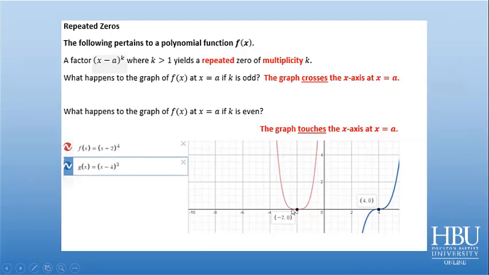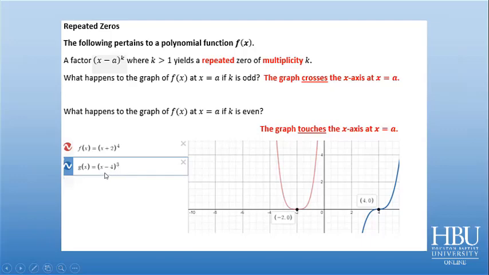The red graph is the graph of this function, and you can see that it is just touching the x-axis at negative 2. The graph remains on the same side of the x-axis to the left and the right of the 0.